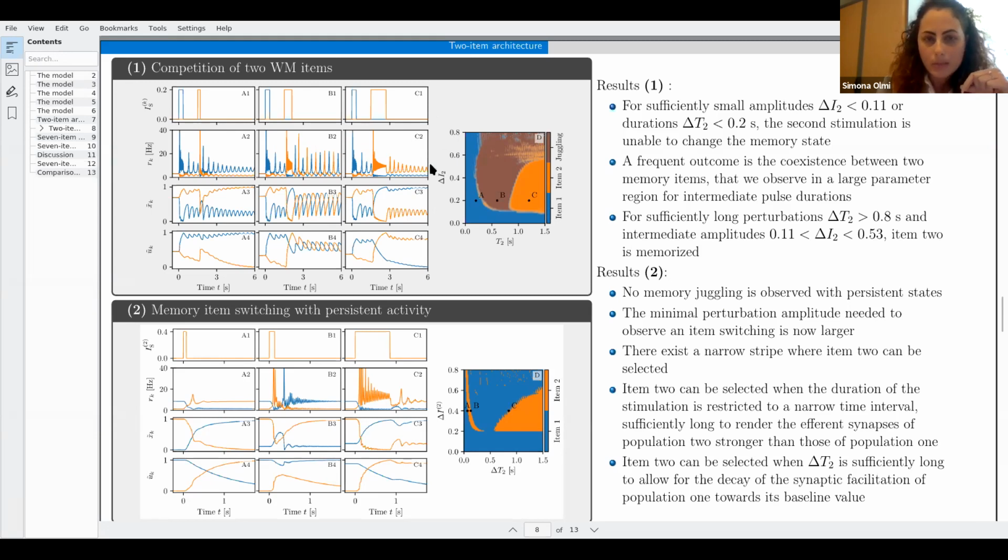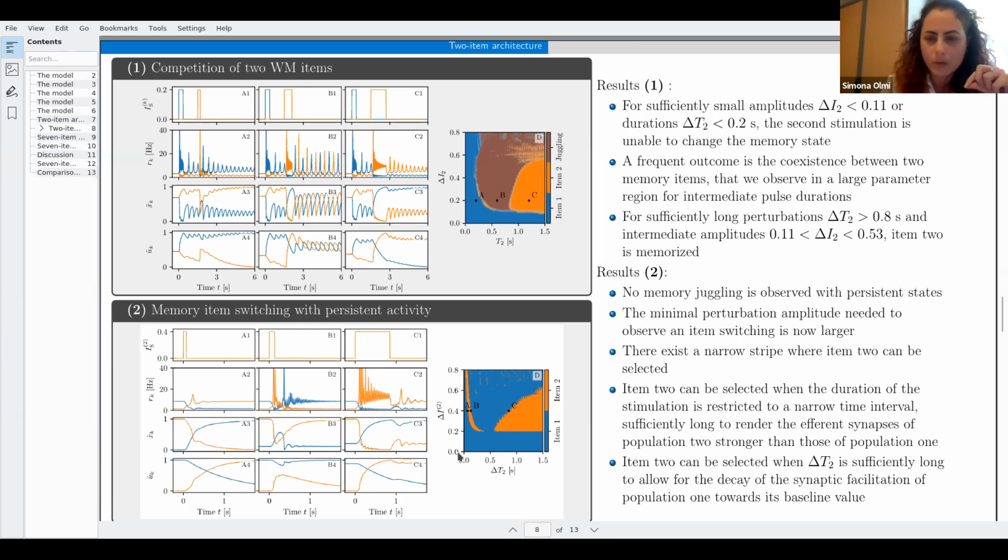Then for intermediate parameter values, we see that a frequent outcome is the coexistence between the two memory items, which means that we have juggling. And finally, just for sufficiently long perturbations and intermediate amplitudes, we observe that item 2, so the item in the second population, prevails and it is memorized. This is completely different from what we see if we start from the situation where we have persistent state, because in this state we don't observe memory competition.